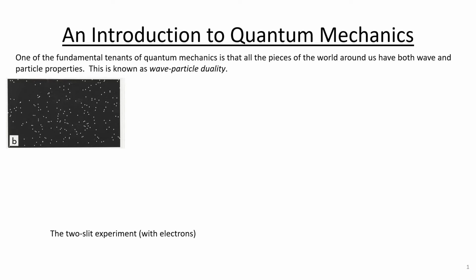Okay, so the last time we talked a little bit, by way of introduction to quantum mechanics, about an experiment called the Two Slit Experiment, in which light and electrons were thrown at these two slits in a screen.